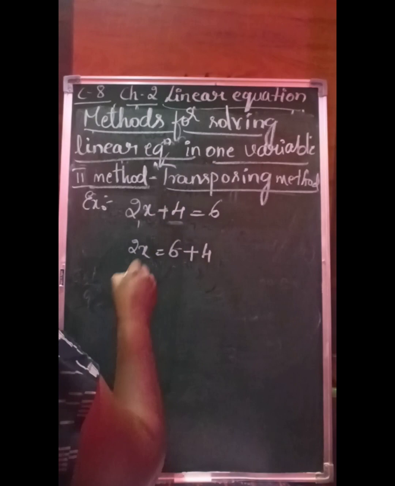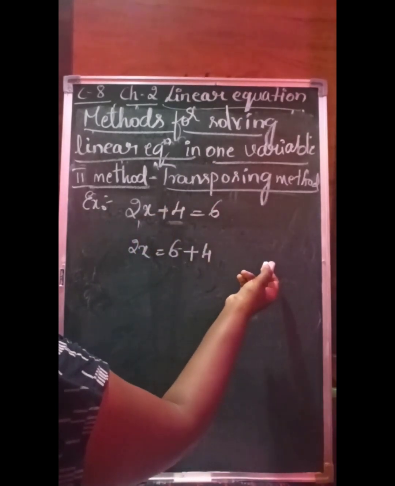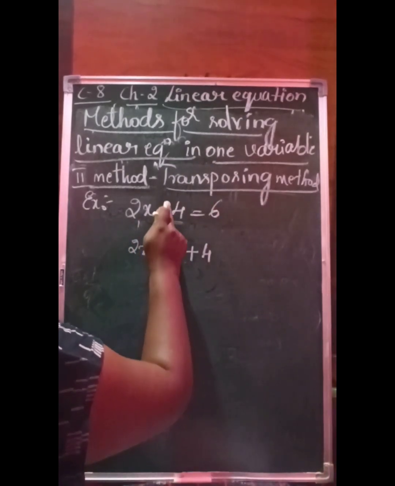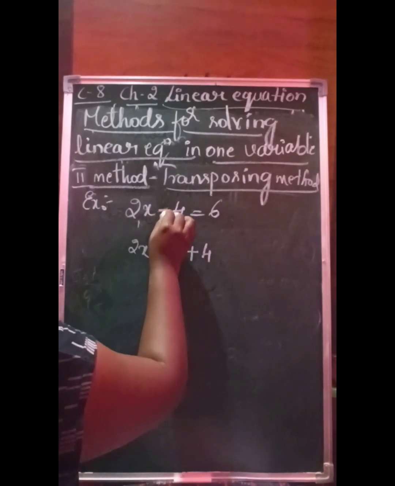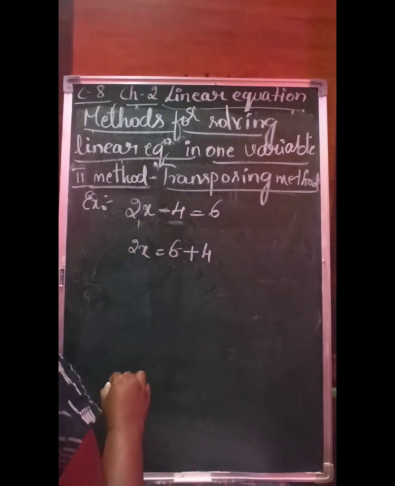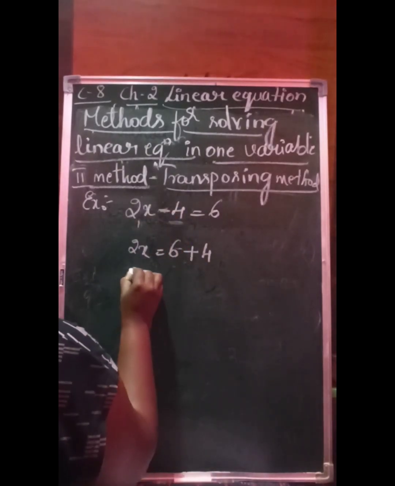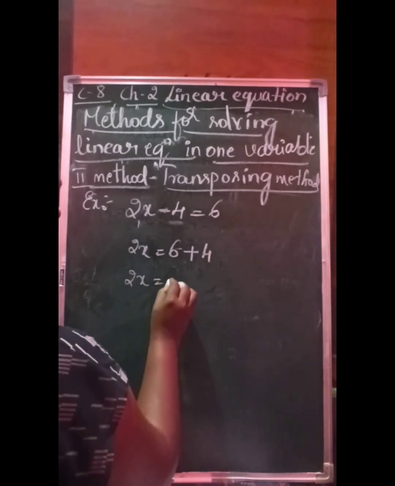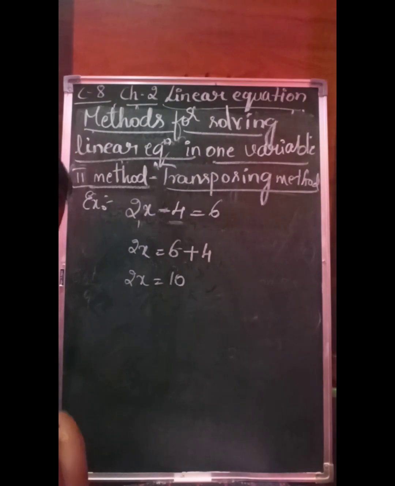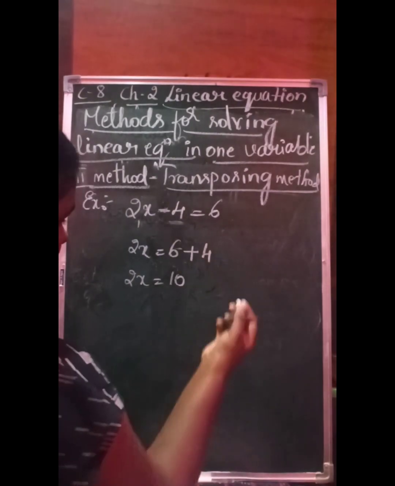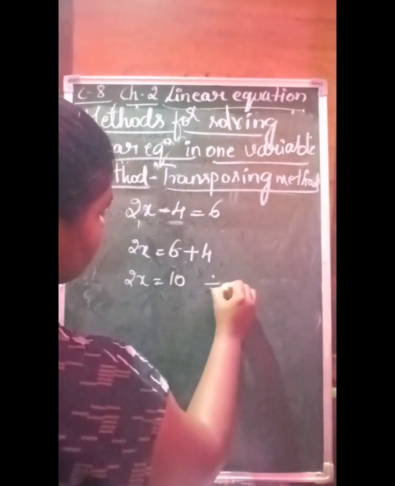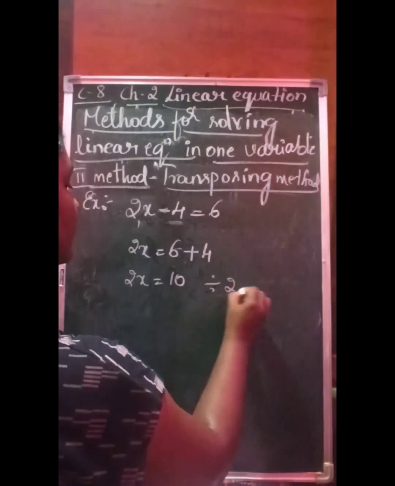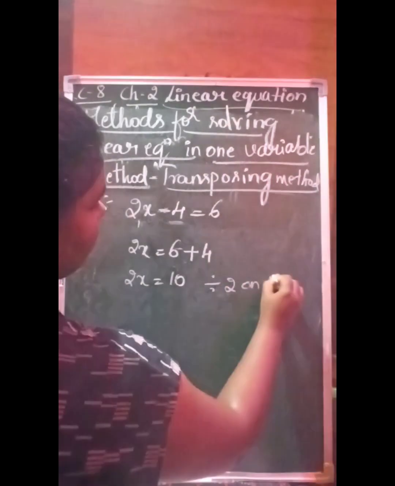Similarly, if it is plus 4, then when it comes to the right hand side, it will become minus 4. While solving problems, you will get to know about this. Now add: 2x equals 6 plus 4, which is 10, right? After this, divide the entire equation by 2 on both sides.